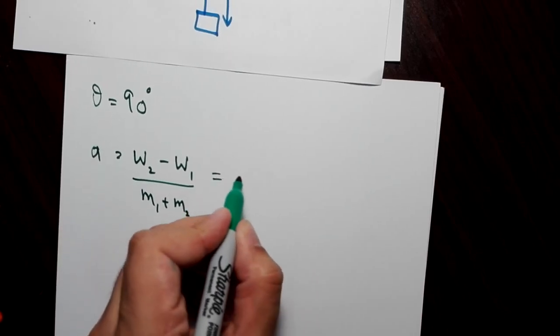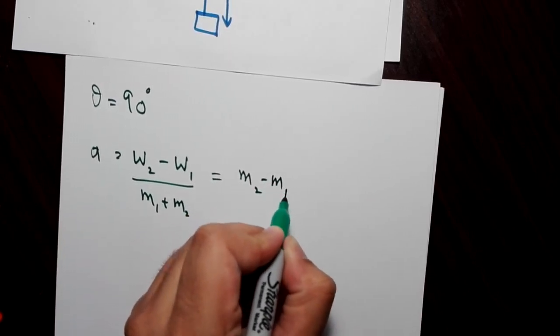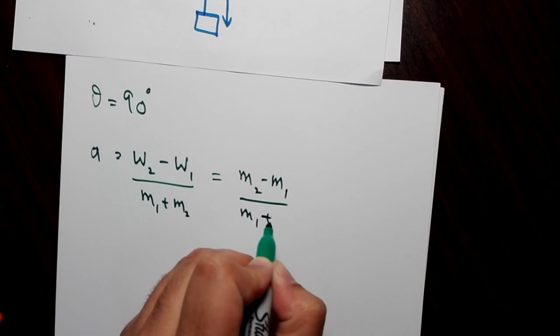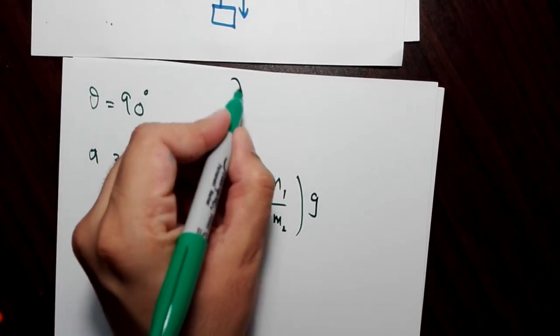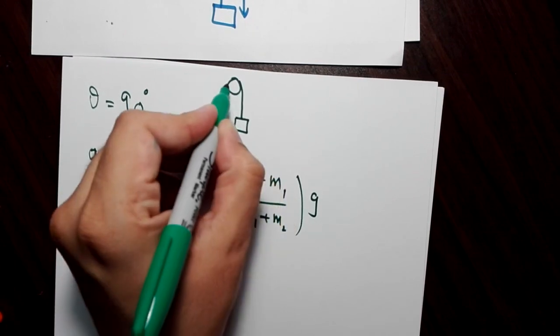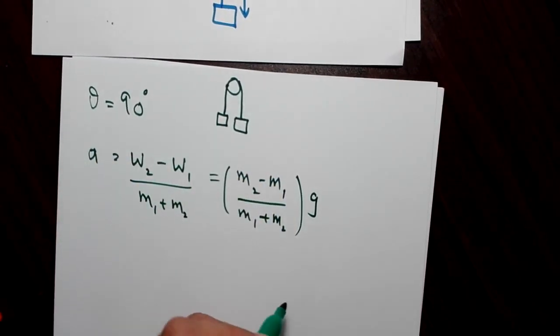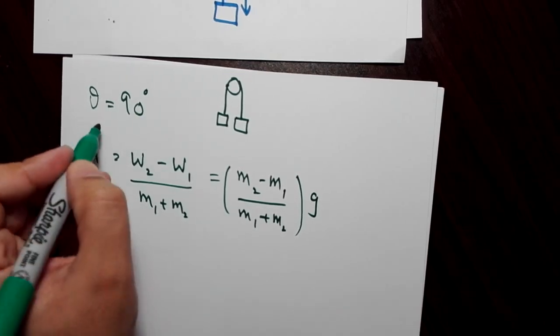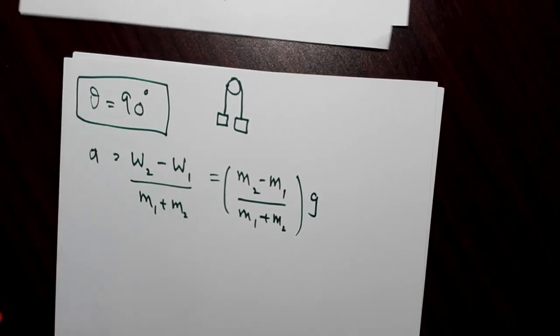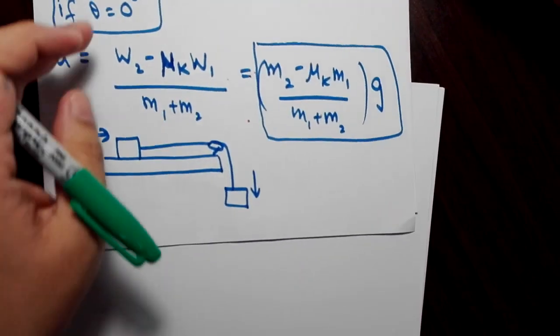That's it. This is just the Atwood machine that we have studied before. It's very interesting. It became essentially this system. So these were the two special conditions for the angle.